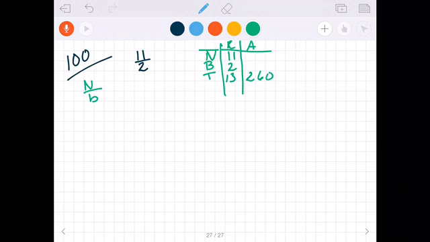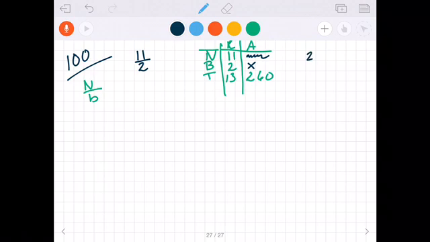Okay? And what we're looking for is how many bolts there were. So that's our x. I'm going to put a contrasting color for that. And we aren't curious about the nuts. We just want to know the bolts. So now we can set up our proportion.